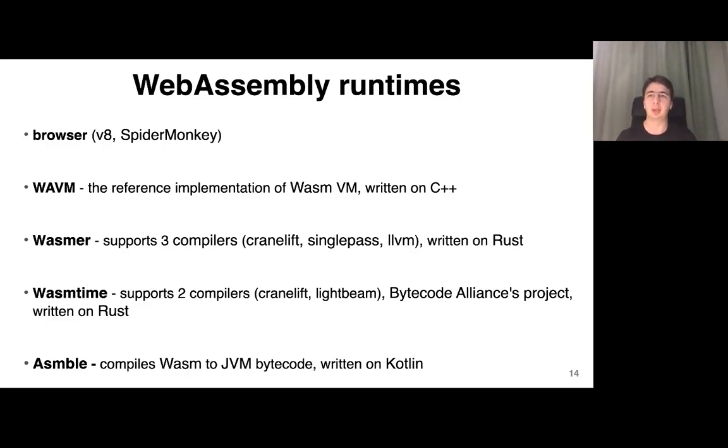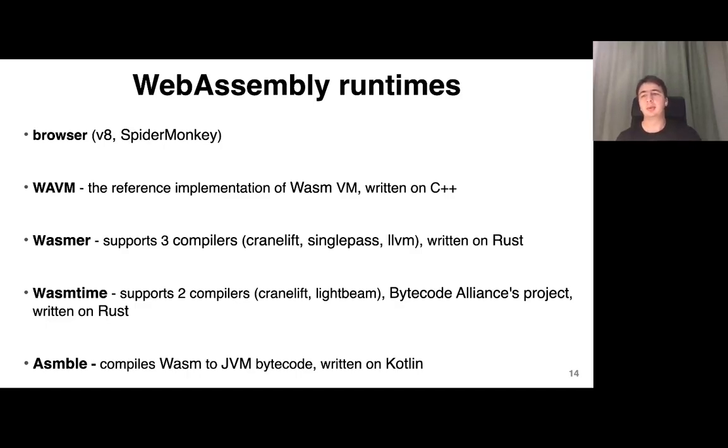On the slide, you can see several WebAssembly runtimes. They can be divided into browsers, like SpiderMonkey or V8, and server-side ones. The most famous one from the server side is WAVM. It's written in C++ and it is a reference implementation.